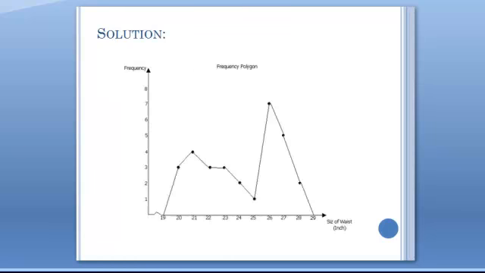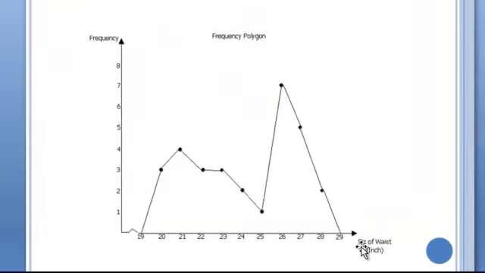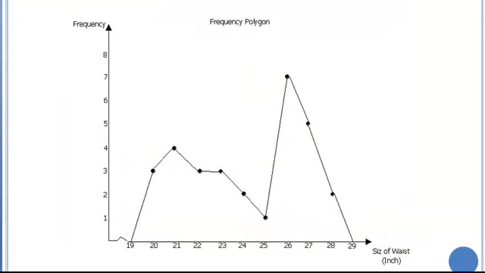Let's look at it. On the x-axis we have size of waist in inch, and on the y-axis we have the frequency. So in drawing the frequency polygon, we plot each size of waist with the respective frequency on the graph.